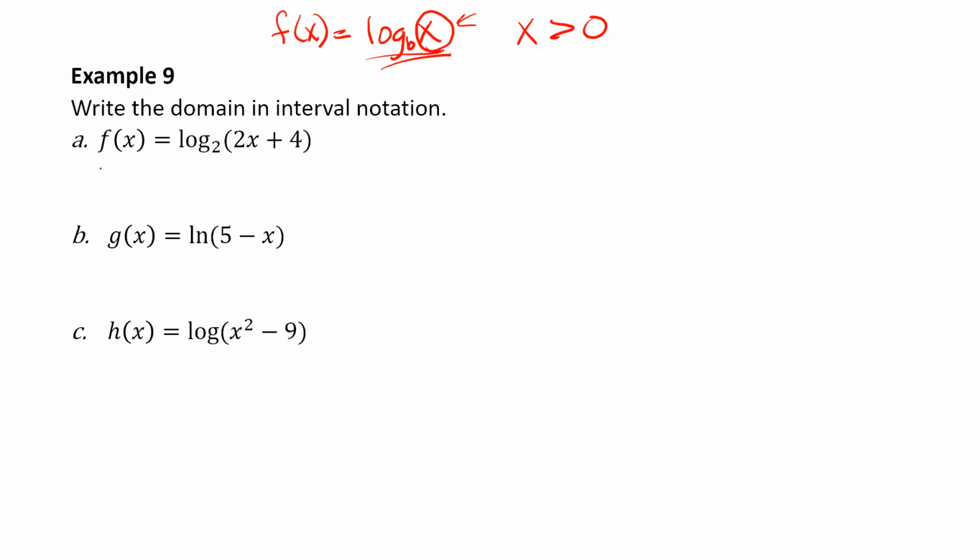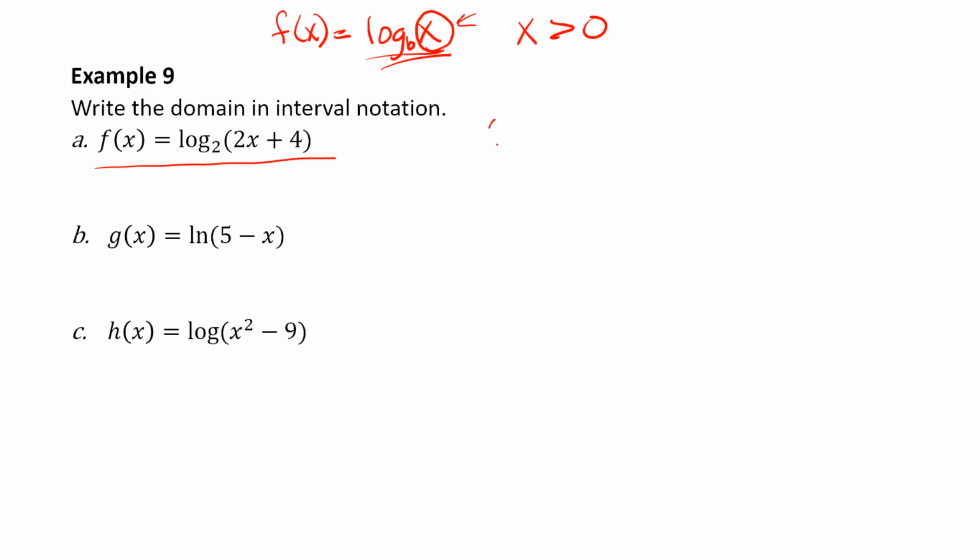All right, so if we want to find the domain for this function right here, we know that 2x + 4 has to be greater than 0, and that's really the only thing we have to worry about. You can put in anything as long as the argument is positive, because you can always find an exponent to put on 2 that will give you any positive number.